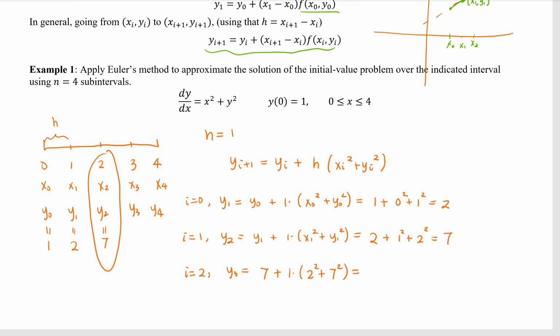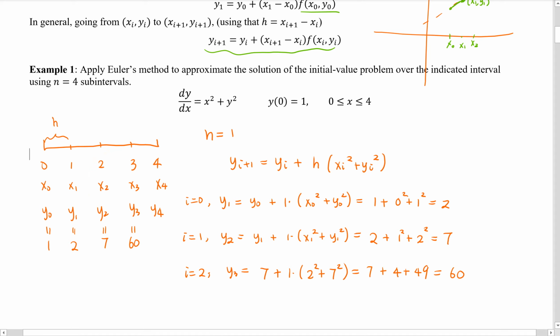If you're used to it, you don't need to write these again, because it's very similar, just the index is different. Okay, so we have 7. 2 squared is 4. 7 squared is 49. So we get 56 plus 4 is 60. Okay, so y3 equals 60.